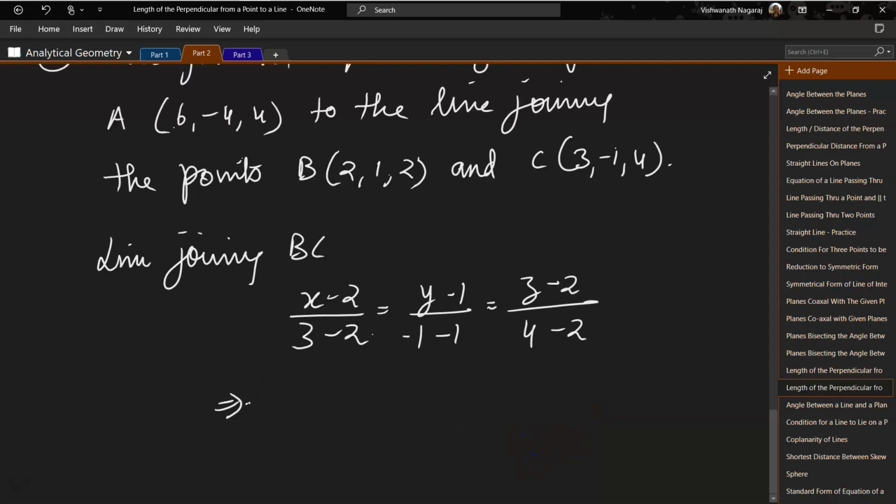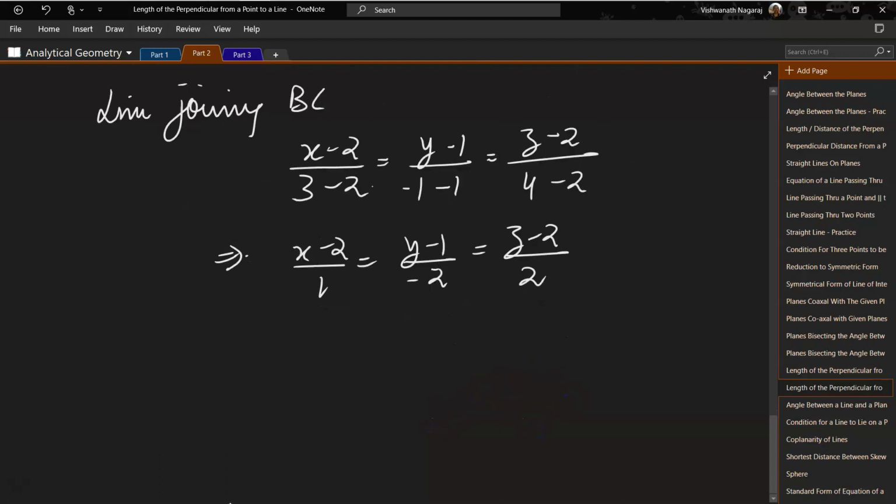So let's simplify this. x minus 2 by 1 is equal to y minus 1 by minus 2 is equal to z minus 2 by 2, again let's stick to the same terminology.